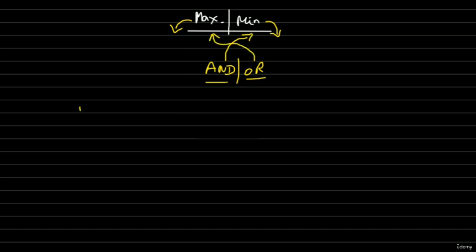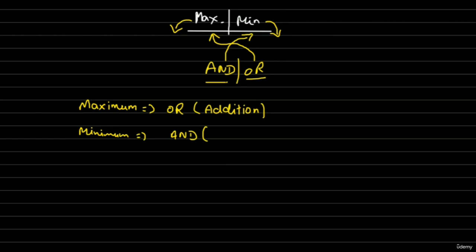So wherever you see maximum or maxima, logically we mean that we are doing the OR operation or addition, logical addition in simple words. And wherever we see minimum, we can say it is the AND operator, and it is logical multiplication.